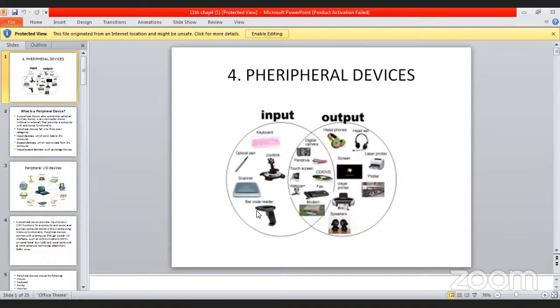And input output devices are what? Punch card, magnetic floppy disk, all that are input output devices, as well as we can see here the floppy disk, hard disk, all that input output devices.